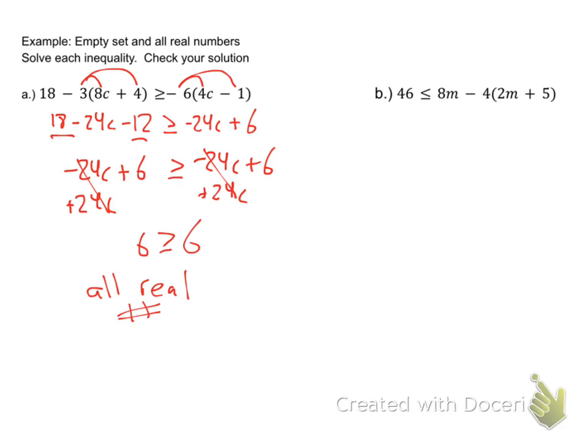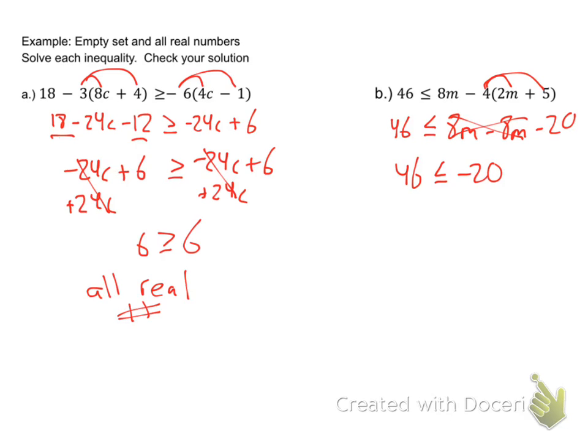The next one probably is not going to be. So look at this, 46, really nice. I don't have to do anything on the left-hand side. Over here, I better distribute. So 8m minus 8m minus 20. Wait, gathering like terms, the 8m's will cancel. 46 is less than or equal to negative 20.